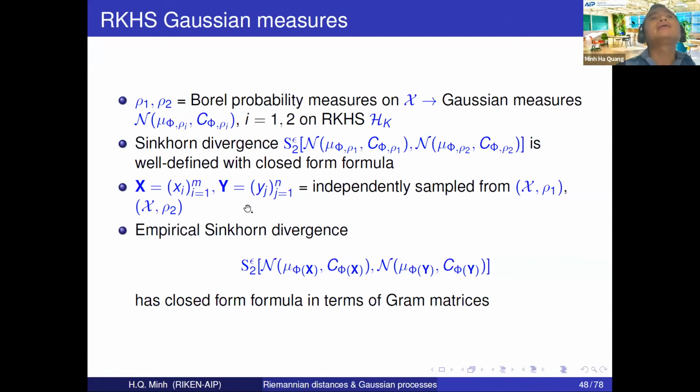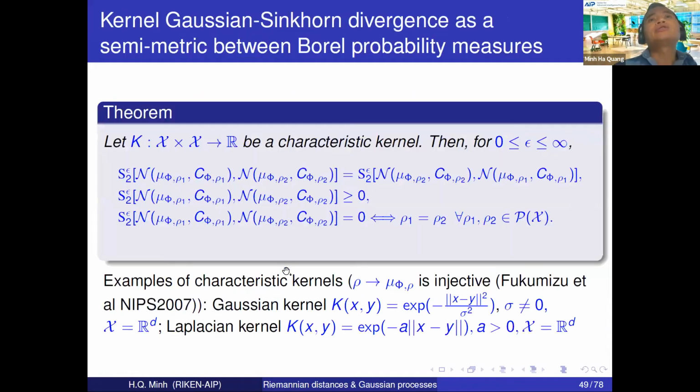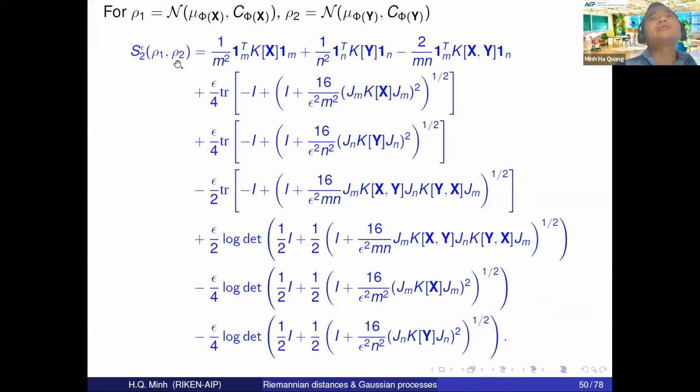Empirically, suppose we have two data sets X and Y sampled from these two measures, and we can also compute the empirical Sinkhorn divergence. If we have a characteristic kernel, then it gives a semi-metric between the two probability measures. This is the formula here.